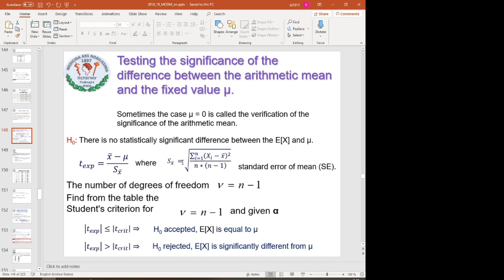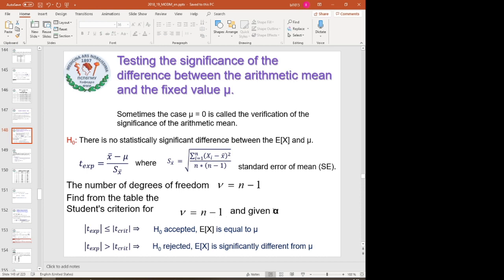Standard error is, as usual, we subtract from each value the mean value, square it and summarize all those values, and divide by the number of elements in a sample times the number of elements minus 1. This number of elements minus 1 is the degrees of freedom that we take into account while looking at a table of critical values.